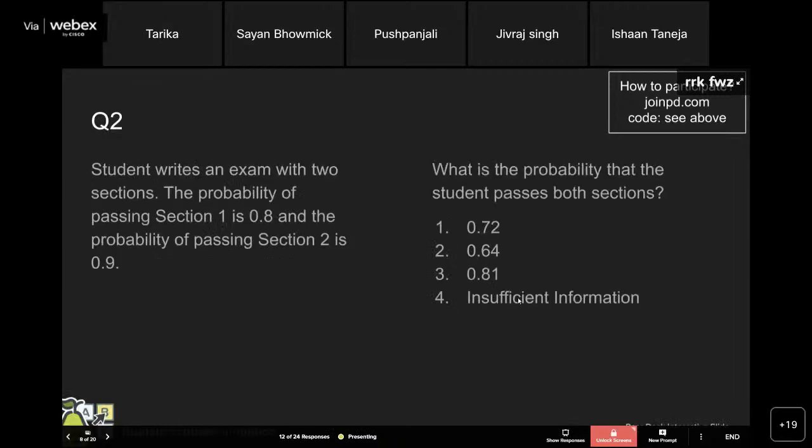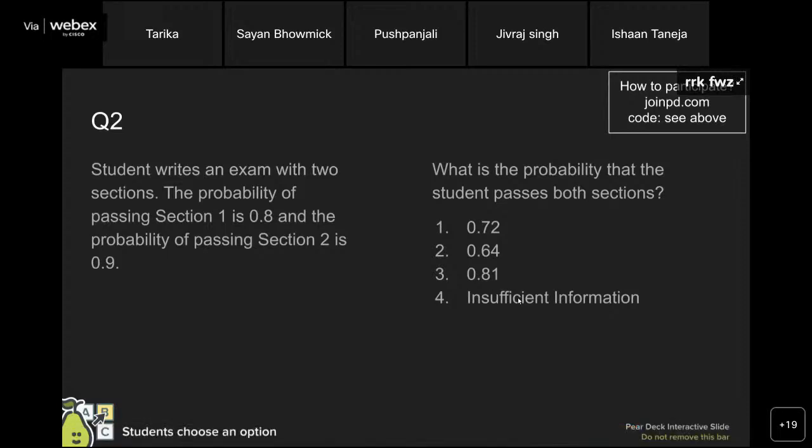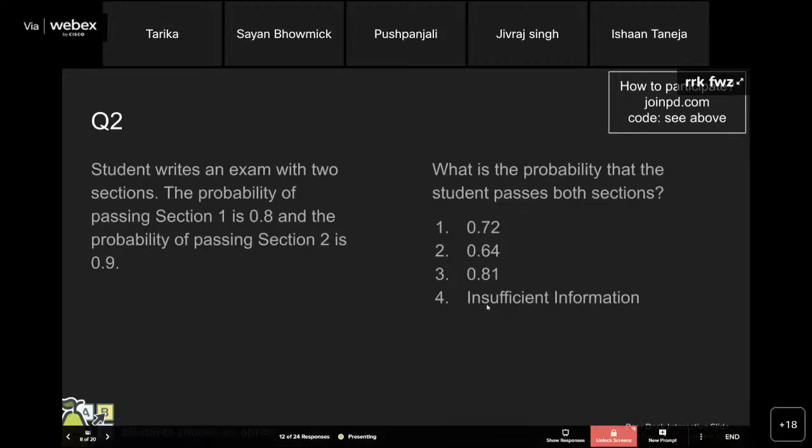So you are not clear whether they are independent or dependent. You cannot proceed further in this question while solving, right? Yeah, I understand it's insufficient information, but somebody will perceive it could be independent. See, that's what you need to identify, right? We cannot, just by reading this, say with certainty that these two are independent events, unless and until it is mentioned, right?